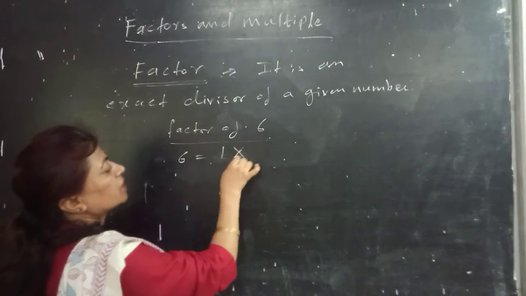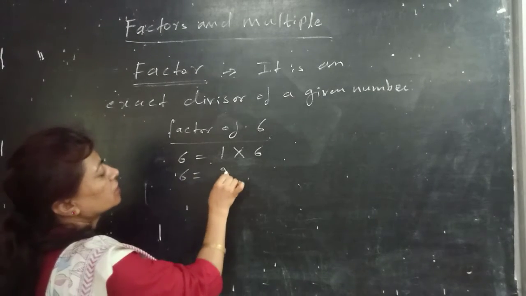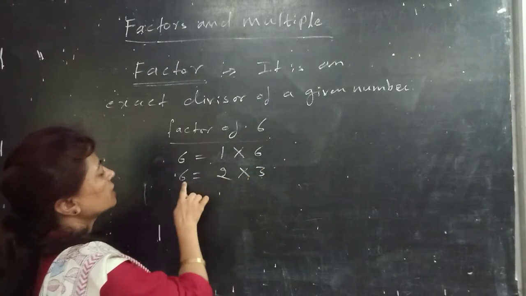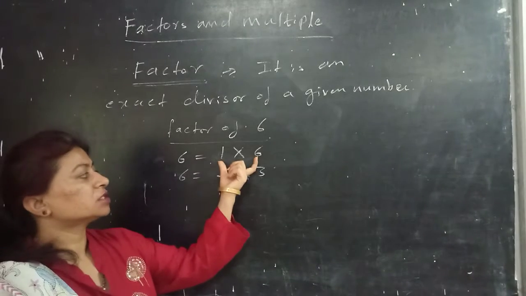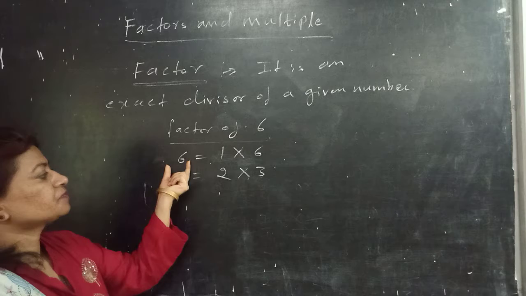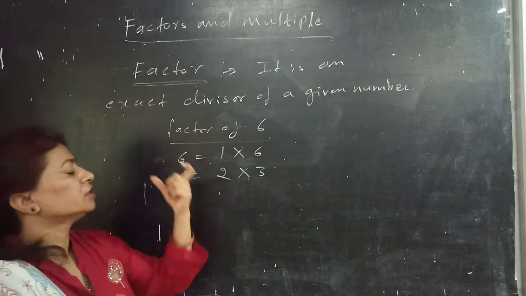If we multiply 1 by 6, we will get 6. Again, if we take 2 and multiply it by 3, we get 6. It means we have to identify the numbers multiplying which we get the given number. So those numbers will be called the factors of that number.